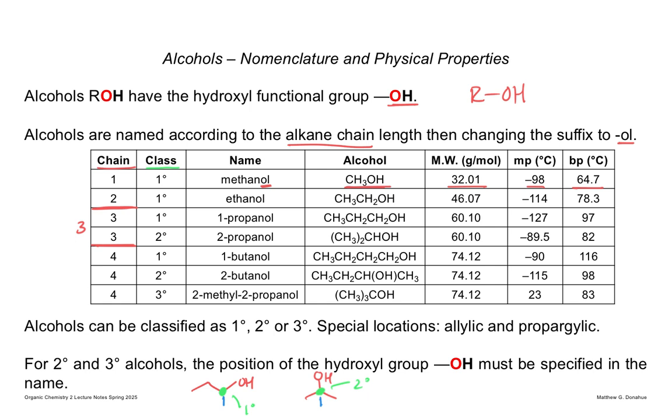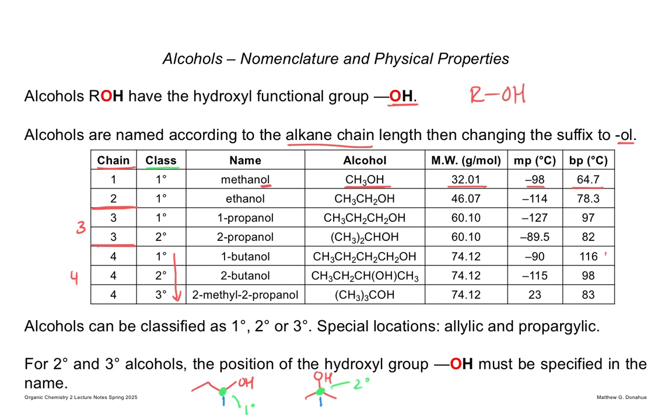If the carbon had 3 other carbon groups, it'd be tertiary. One thing I want to point out for the 4-carbon chain: notice now you have the possibility of primary, secondary, and tertiary.